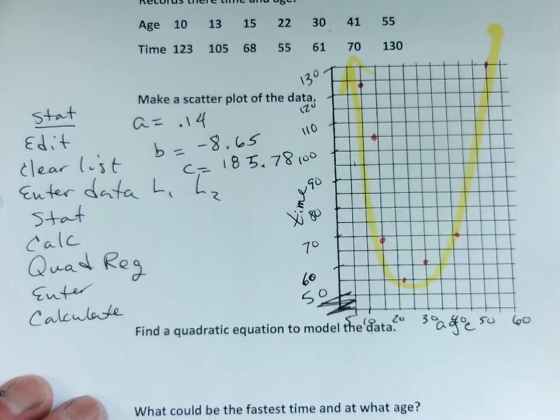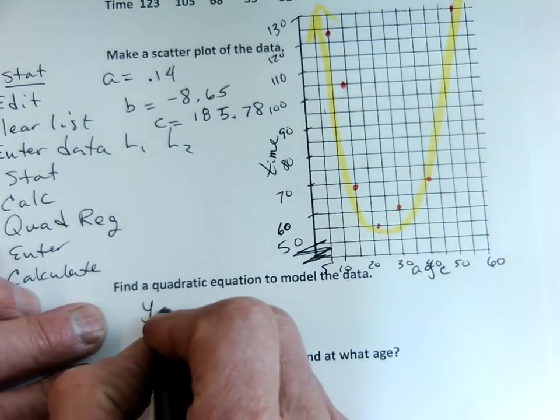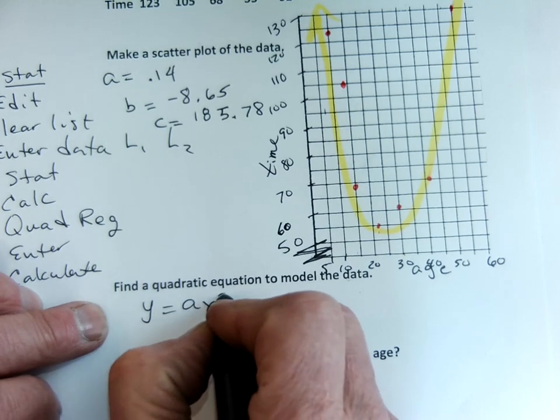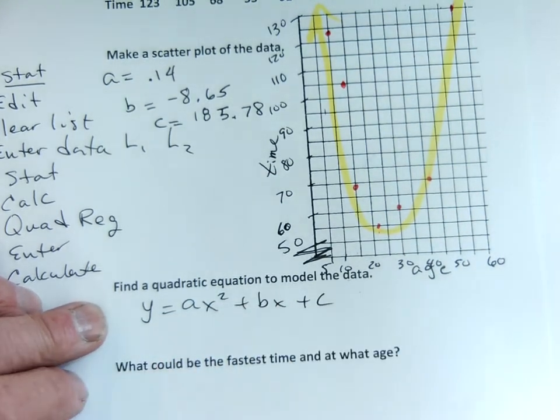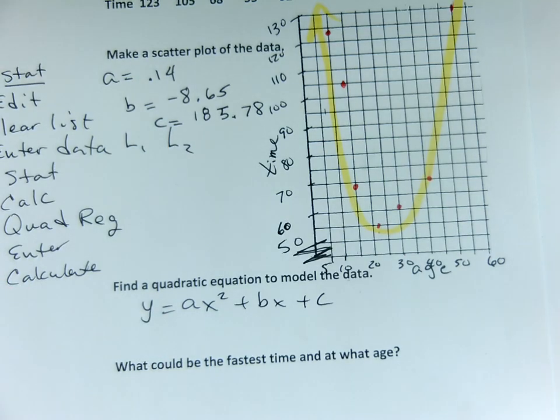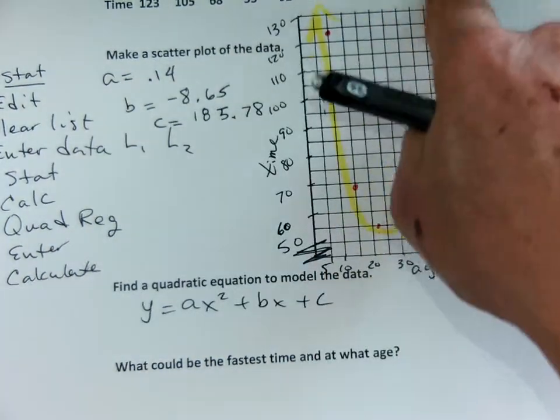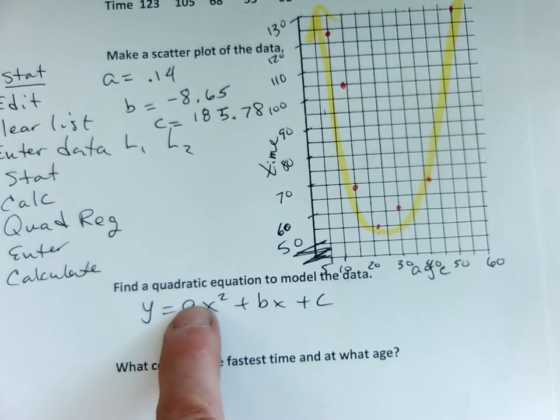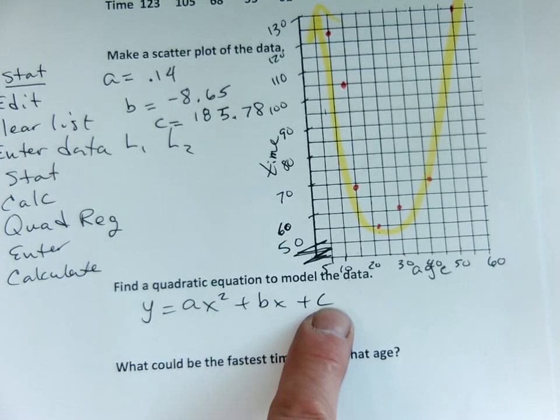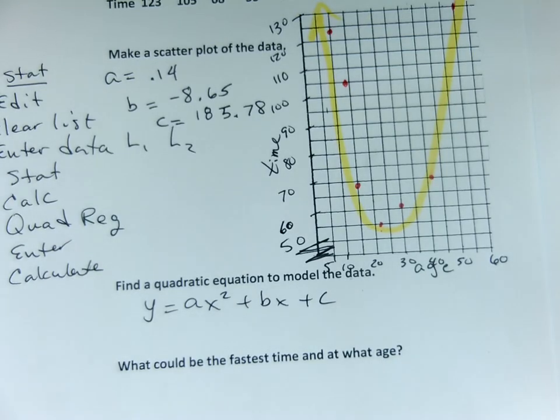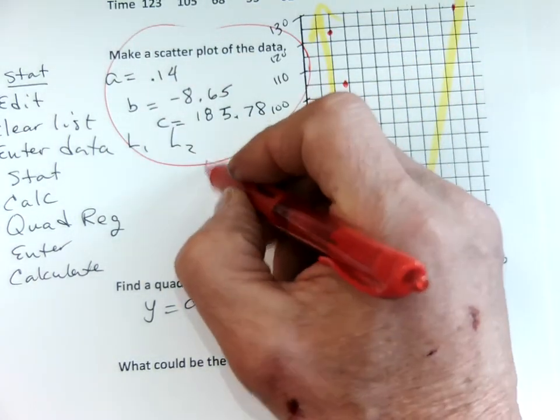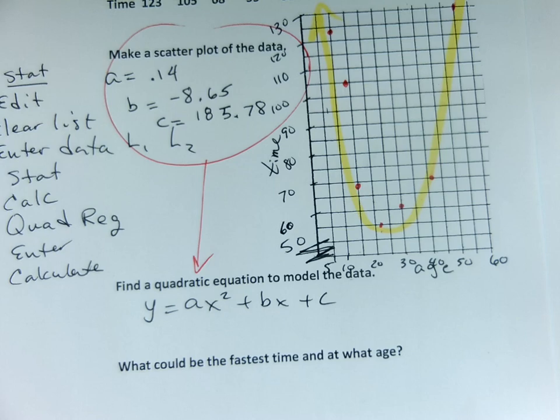Now, my answer, right? So since it's a quadratic model, it should be y equals some ax squared plus bx plus c. And then all we have to do to get the best fit equation of this line is just to put a, b, and c in from our calculator. So I'm going to take these values of a, b, and c, and I'll put them into my quadratic equation.